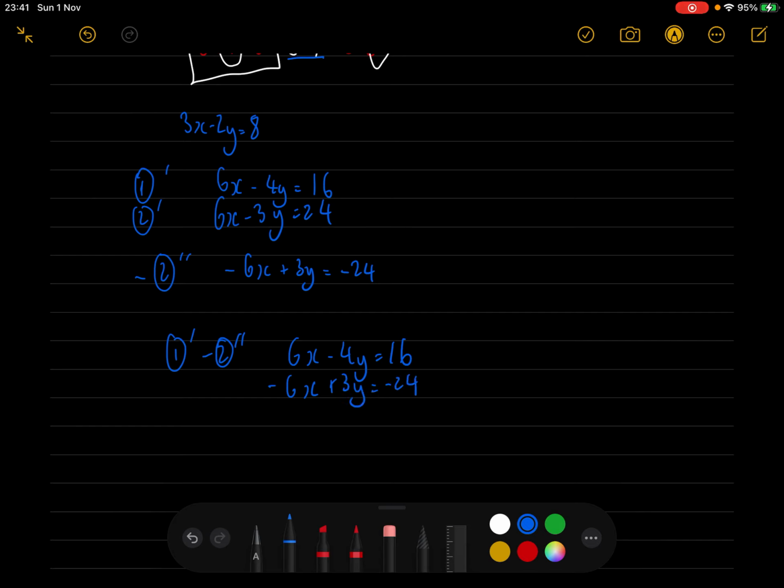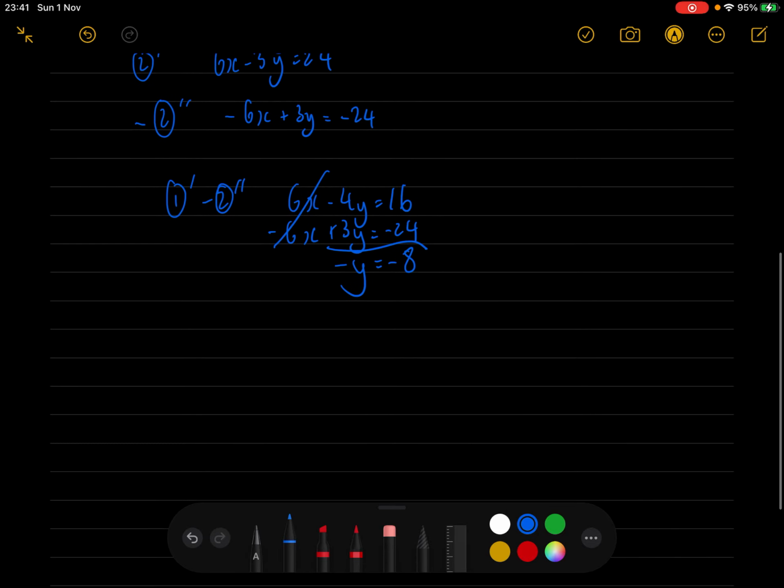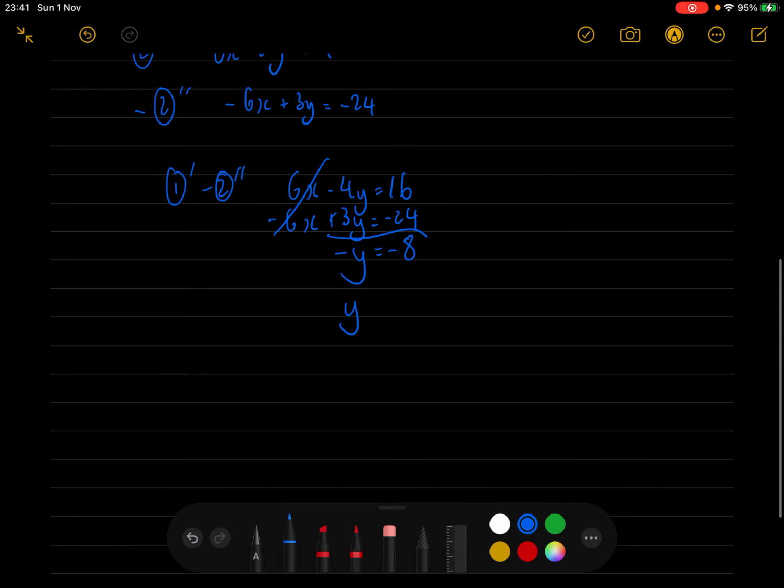That gets rid of the x. Minus 4y plus 3y is minus y, and 16 minus 24 is equal to negative 8. Therefore, we simply multiply it with the negative sign, and when we do that, y is equal to 8.